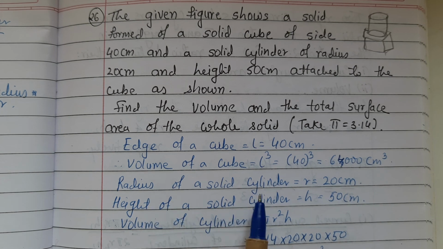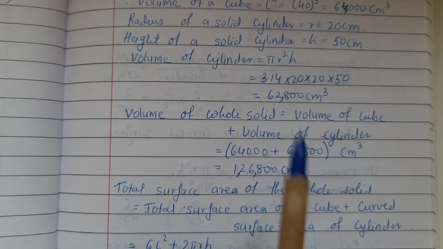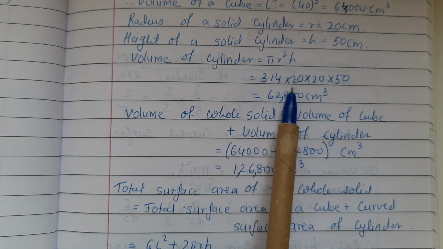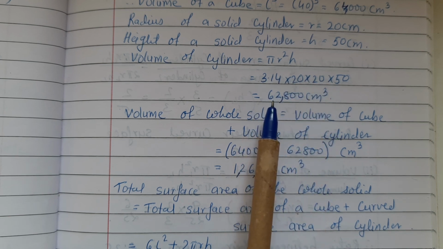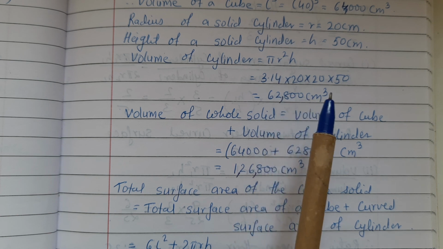Radius of solid cylinder r is 20 centimeter. Height of solid cylinder h is 50 centimeter. Volume of cylinder is equal to pi r square h, which is equal to 3.14 into 20 into 20 into 50, which is equal to 62,800 centimeter cube.